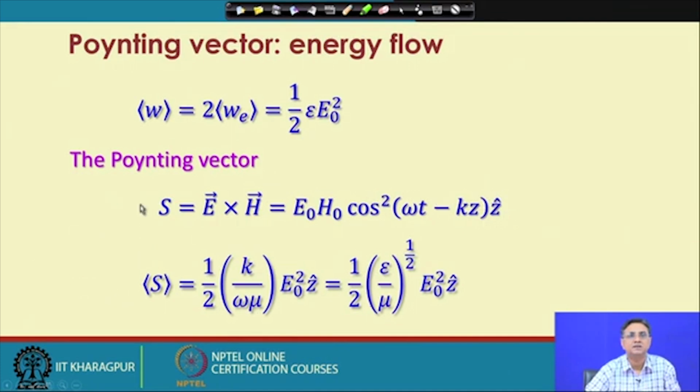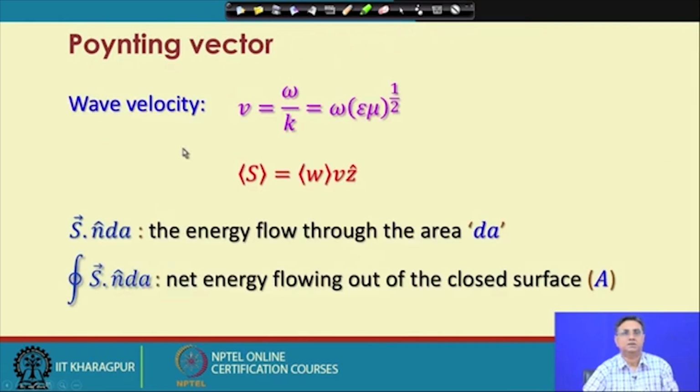In that case the average value of the Poynting vector S will be equal to half of k by omega mu into E naught square, z cap. So, we could show that the flow of energy which is given by the Poynting vector is equal to this. These two are the same equation.